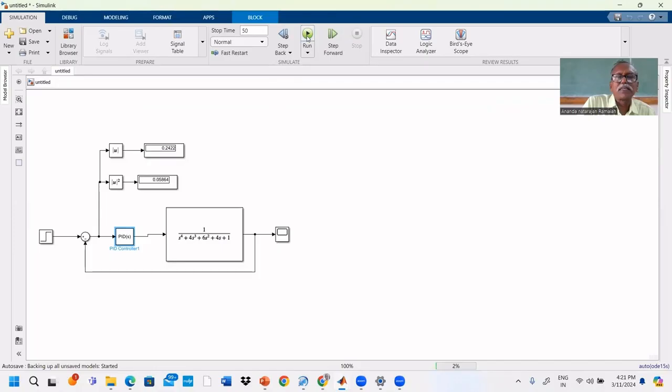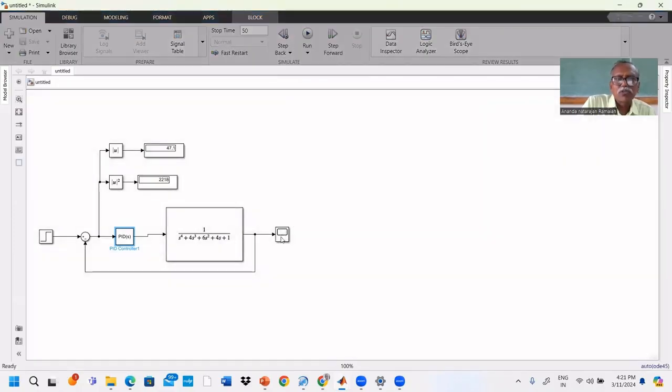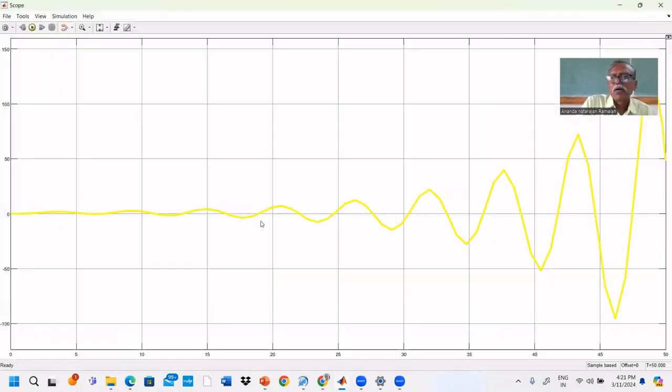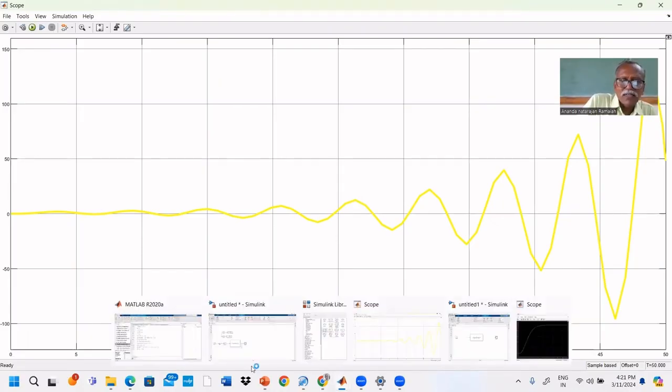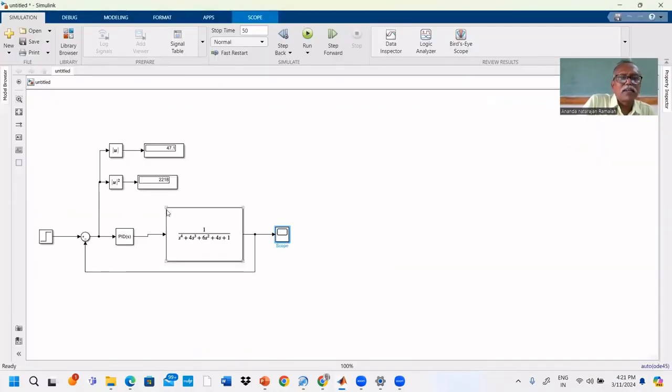Deliberately I am giving 6 and checking the response. Unstable. It becomes unstable. So it must be less than 6. K max must be less than 6. I know the value of K max. That's why deliberately I skipped that value.